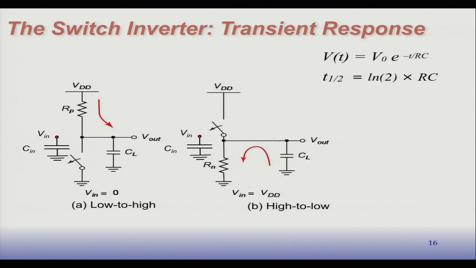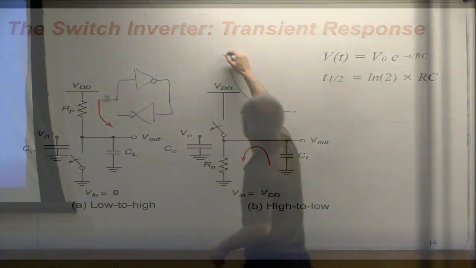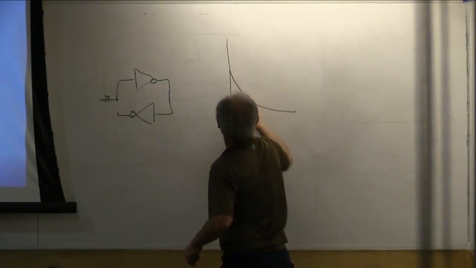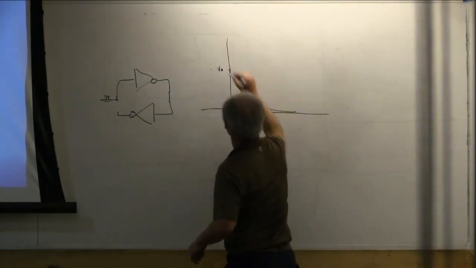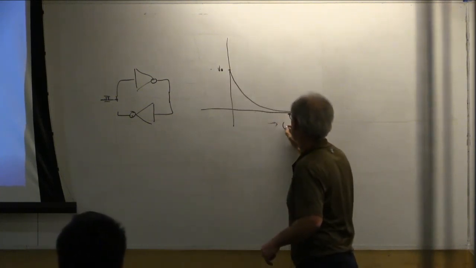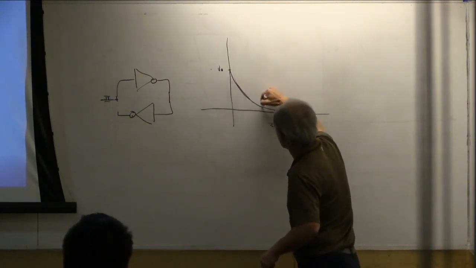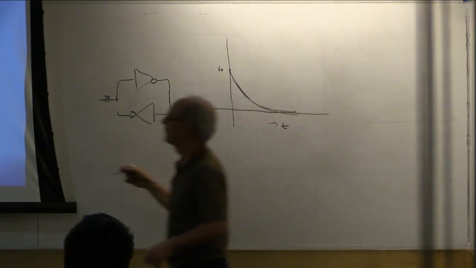Yeah, time 0. This is 1, so we start at V naught. Right, so this is exponential decay, right? So we start at some voltage, and as time progresses, we get exponential decay. So that's the pull down.